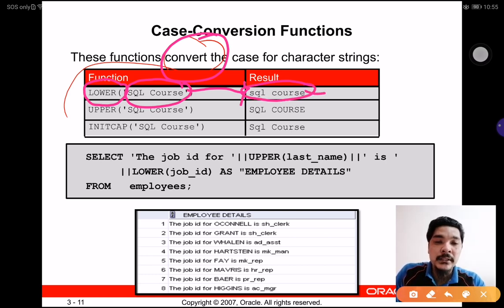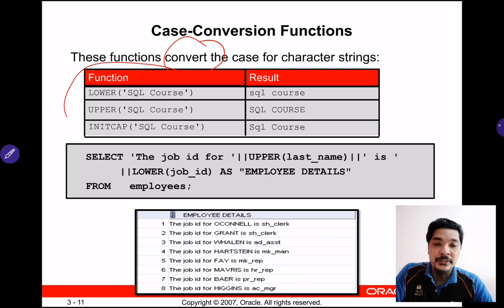All the characters in the result will be produced in lowercase, huruf kecil. All the result will be produced as lowercase, sql course. That is the main thing to pay attention to.